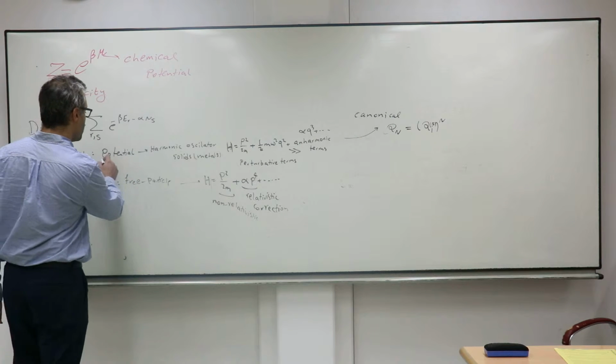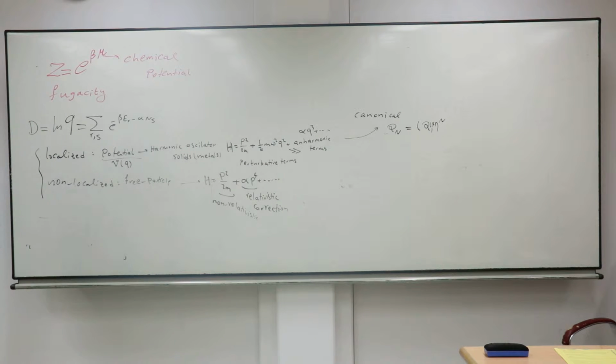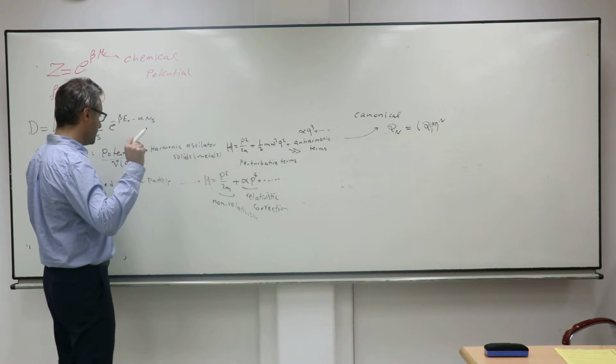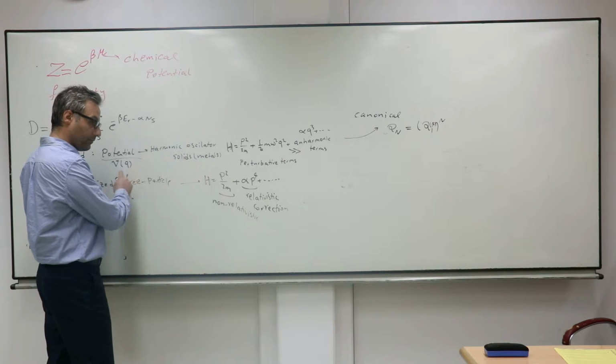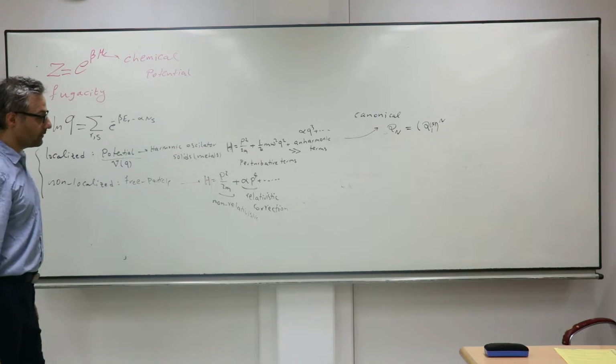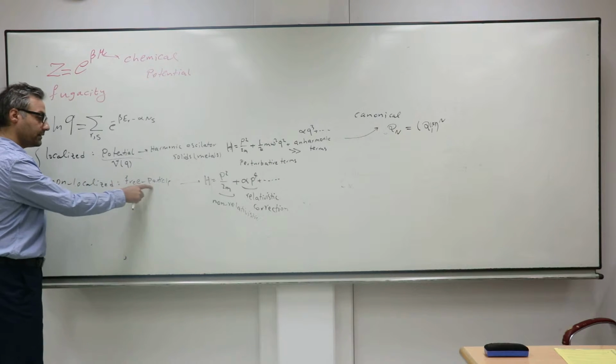If you have a potential here, it will be categorized as localized. It means that the oscillation or the motion is happening near the equilibrium point of the system, and to have an equilibrium point, you need to have a potential. If the potential is zero, it's a free particle.